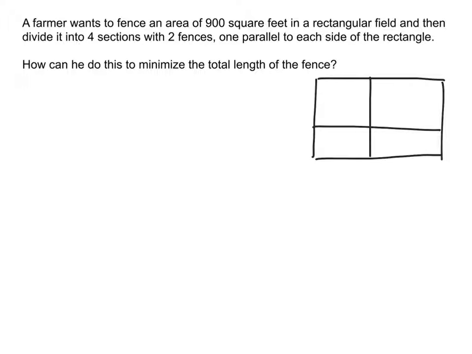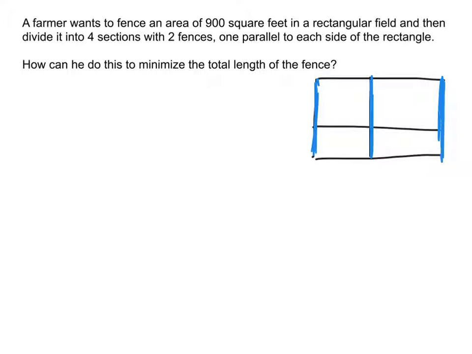So this then is our way that we end up dividing it up into the 4 pieces. Now you'll notice that since this is a rectangle, we actually have a lot of lengths here that are the same. For instance, each of these lengths are all going to be the same length.